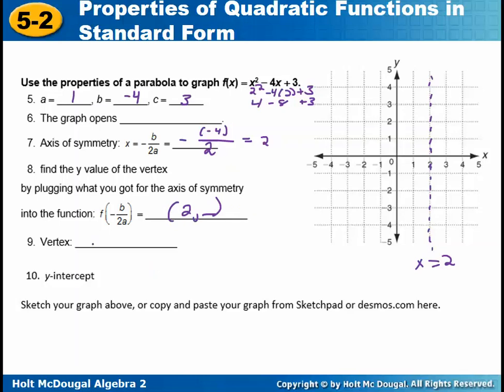Number 8 just asks you to find the y value. 9 asks you to actually write the whole vertex. And then the y-intercept is really easy. You just look at the c, and that's 3, so the y-intercept is 3. And then you'll sketch this. You'll need to put your vertex on here, whatever you find for that. And remember, it's going to open upwards, so it's going to be something like this.